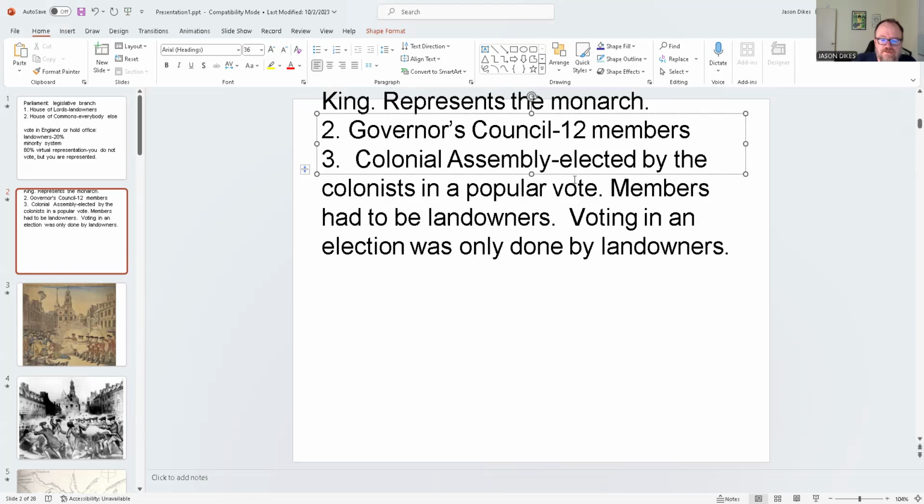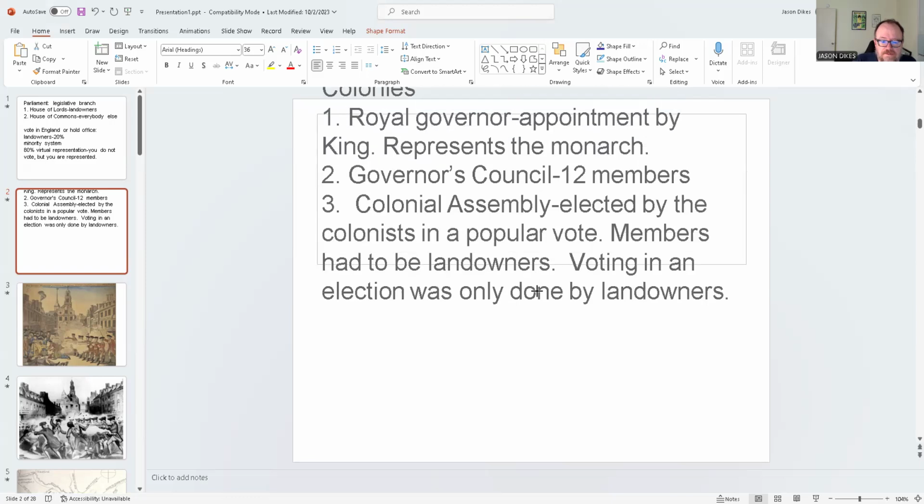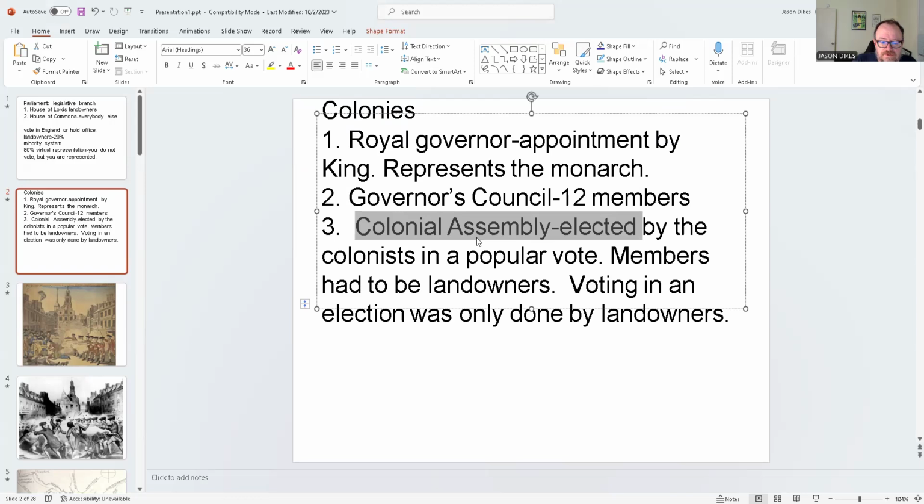This is just like it is for Parliament: if you want to vote for the Colonial Assembly, or if you want to run for office for the Colonial Assembly, you have to own land.